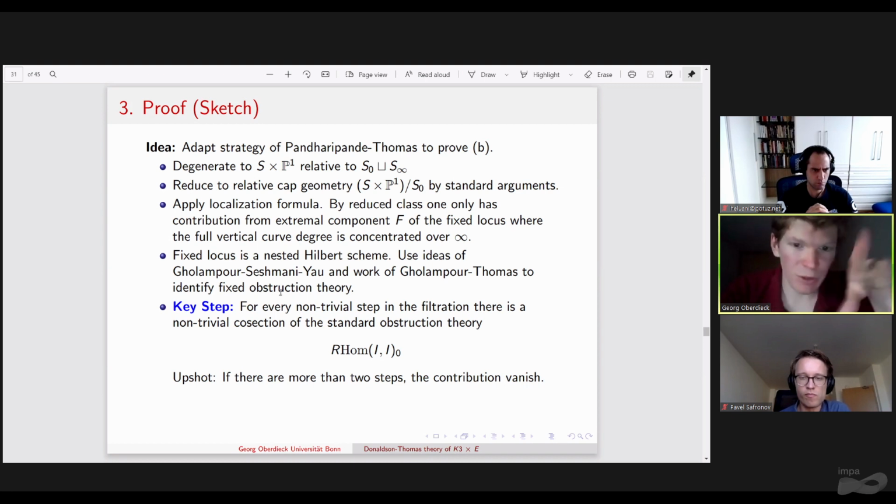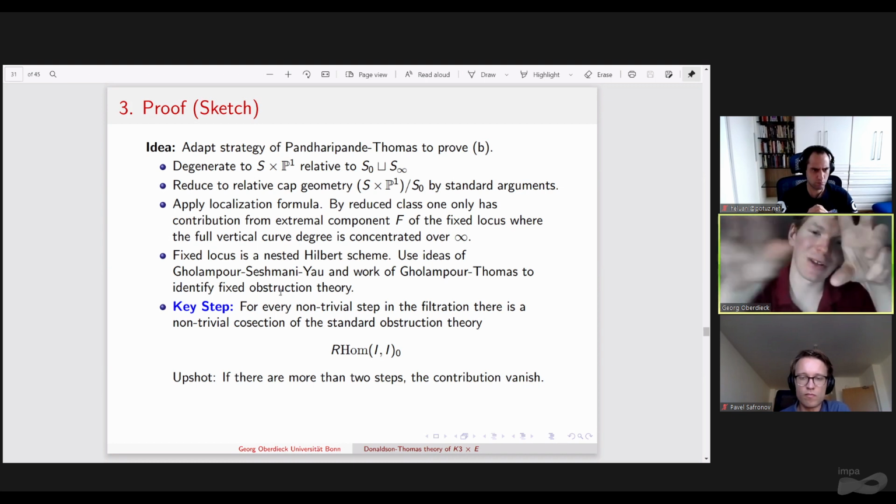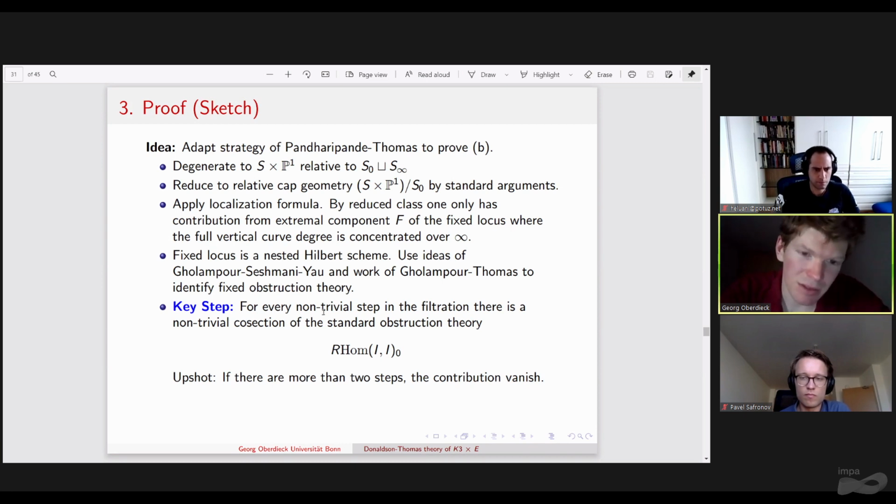We call a step non-trivial if the two sheaves differ from each other in a given step of the filtration. The observation is that for every such non-trivial step there is an extra non-trivial cosection of the usual standard obstruction. The reduced virtual class that comes up here accounts for one of these cosections. That means you can only have one non-trivial step in this filtration, and that is the geometric origin of this multiple cover formula.